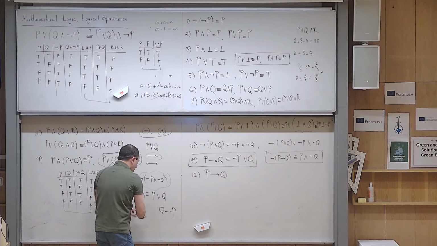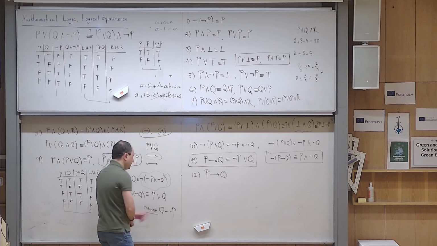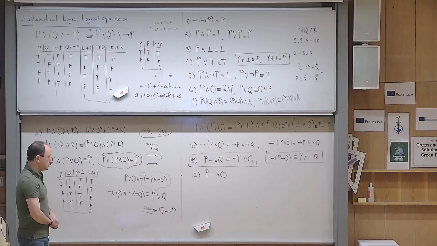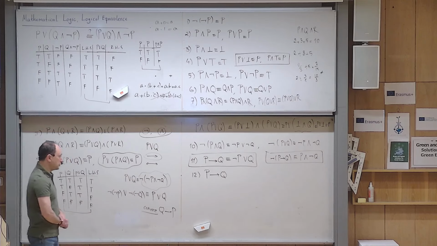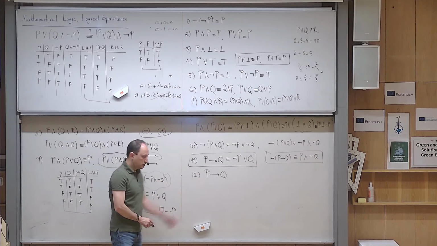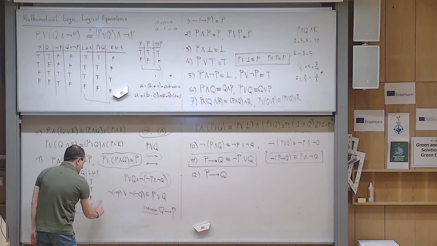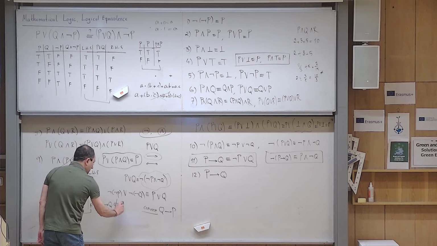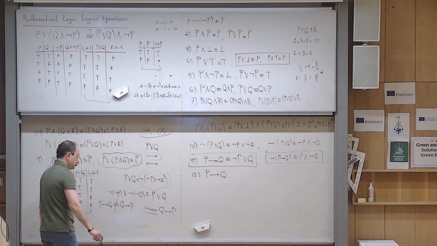This is called the converse. I want you to know these names, so the converse of that. And it is not the case that the converse conditional is equivalent to the conditional. So this is a common mistake usually, but don't make it. This is not in general equivalent to this.